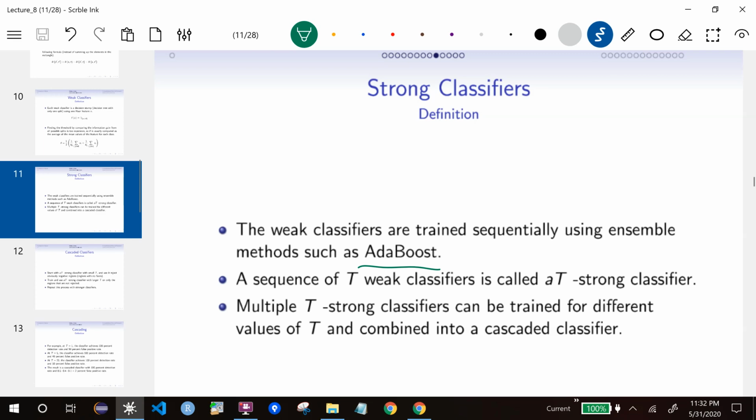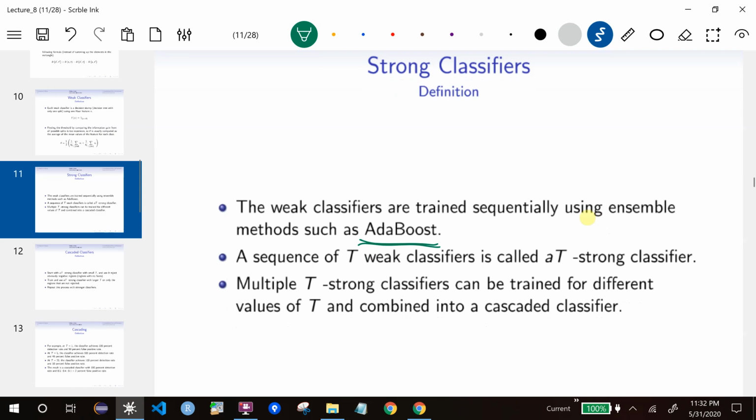So the later ones will be focused on harder examples. In that way, if we combine them, the combined classifier will be a stronger classifier. Here we will call it a strong classifier, a sequential classifier with T weak classifiers.